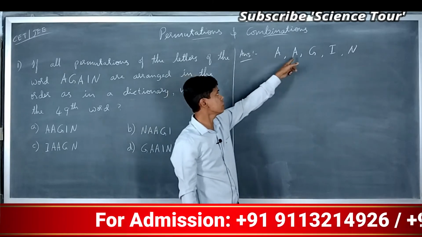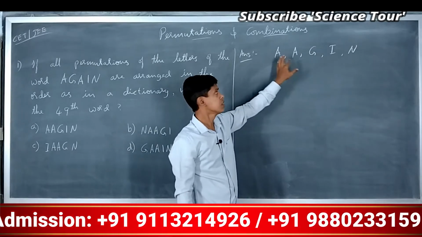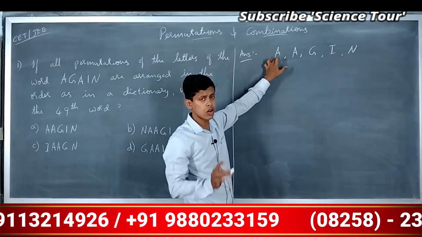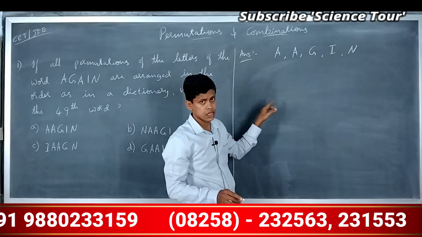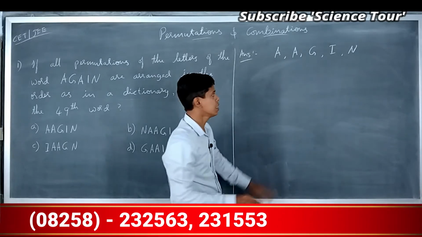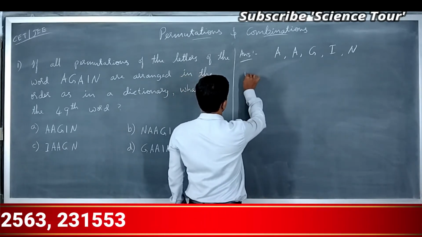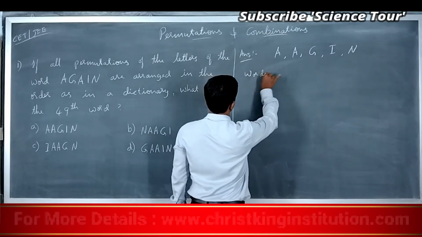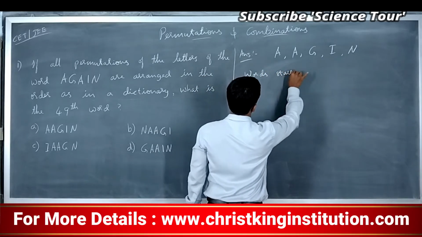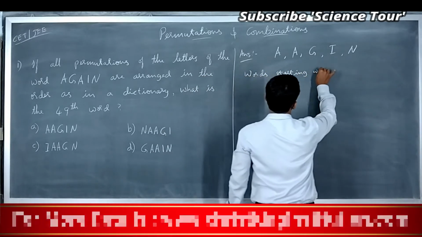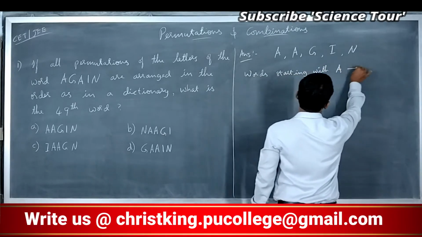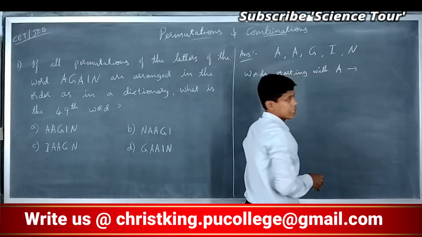And for the next word, you just have to rearrange this. Fix A in the first place. All the words starting with A should be listed first, correct? So how many words do you have starting with A?